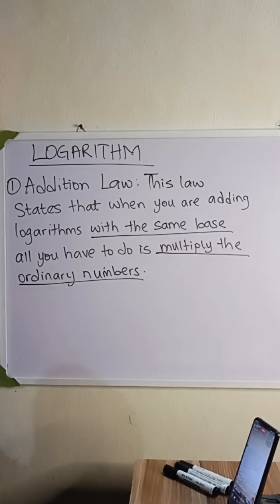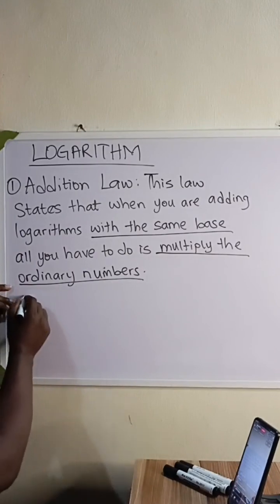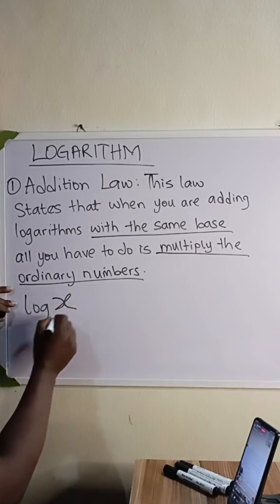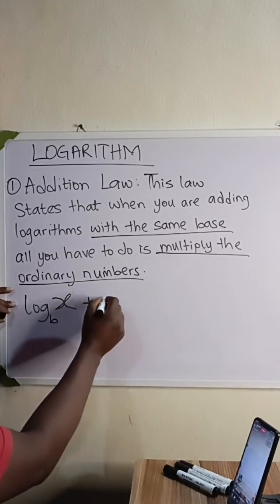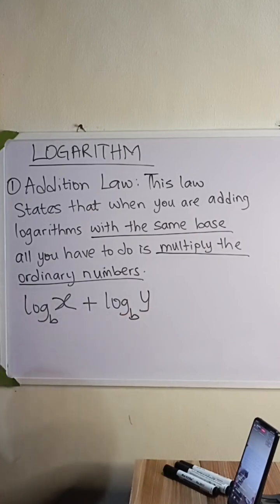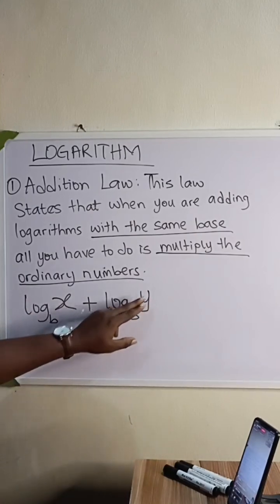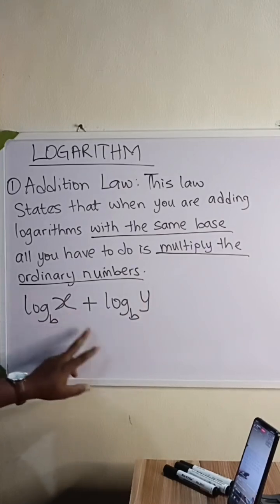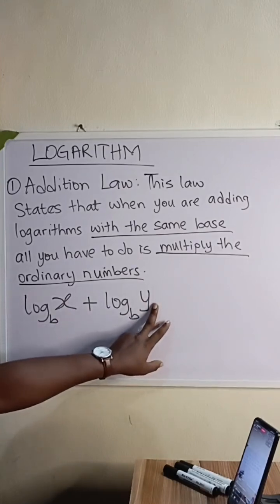Okay? So that means if we have something like this, log x base b plus log y base b. Over here, the ordinary number is x. Over here, the ordinary number is y.